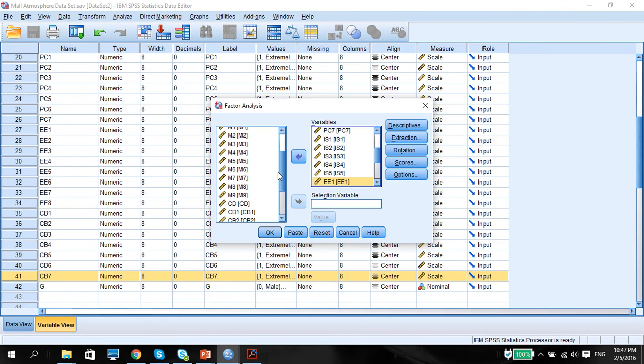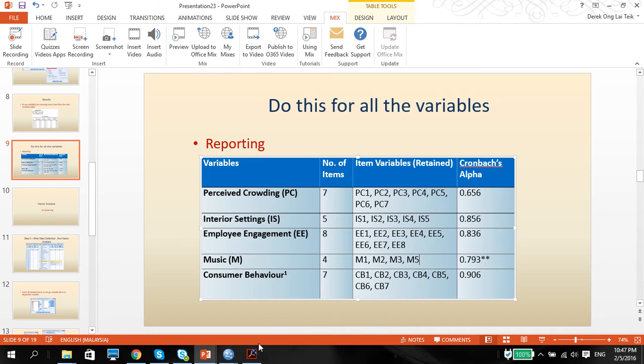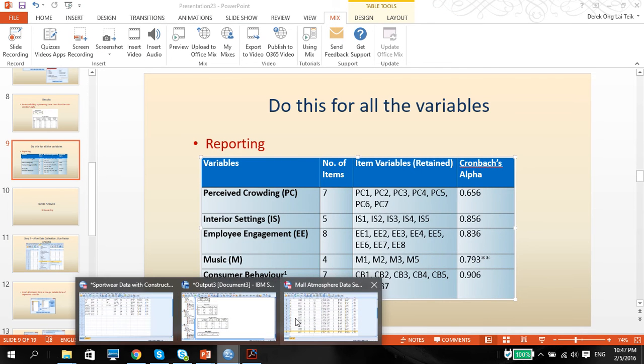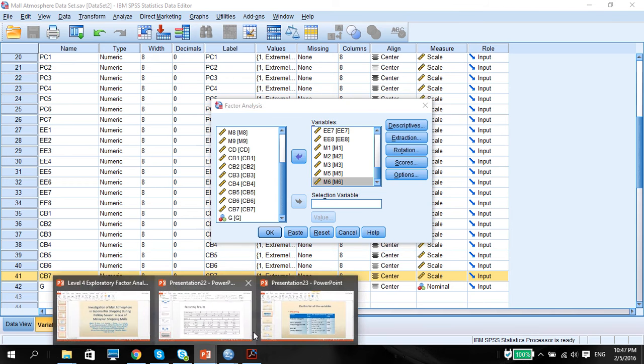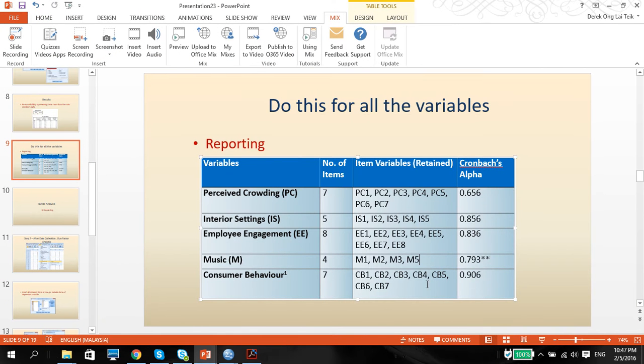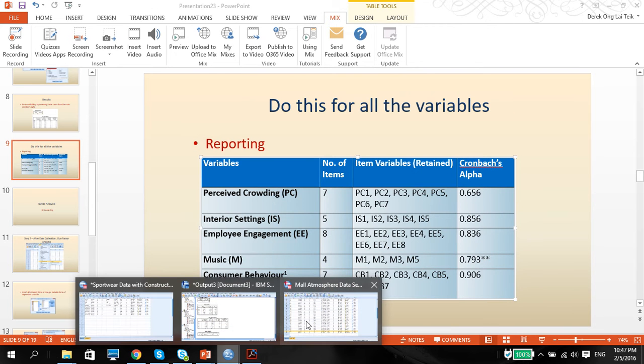So M1, 2, 3, 5, and 6. We do not put in the variable of consumer behavior because that is a dependent variable. We are only doing the factors for the independent variables. So that's done.